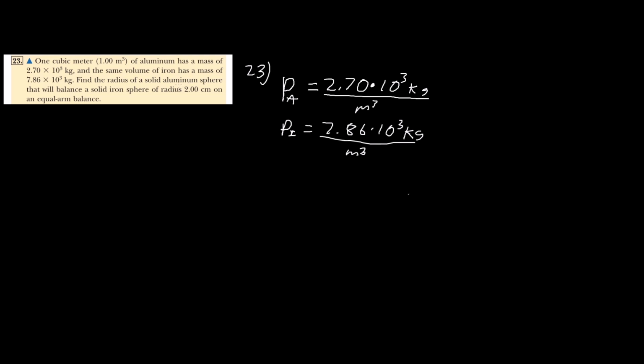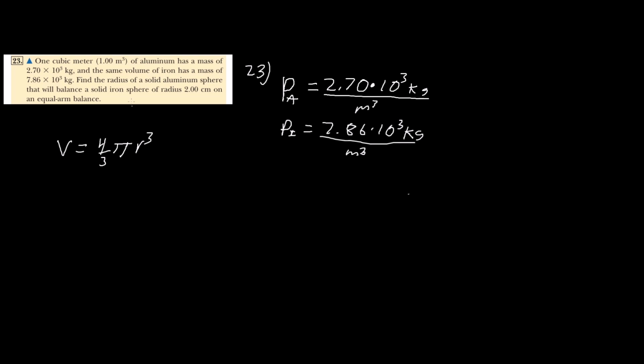Okay, so it's a sphere. Find the radius of the solid aluminum sphere that would balance. Well, this is meter cubic, so we're going to have to find the volume of the sphere, which is 4/3 pi r cubed.